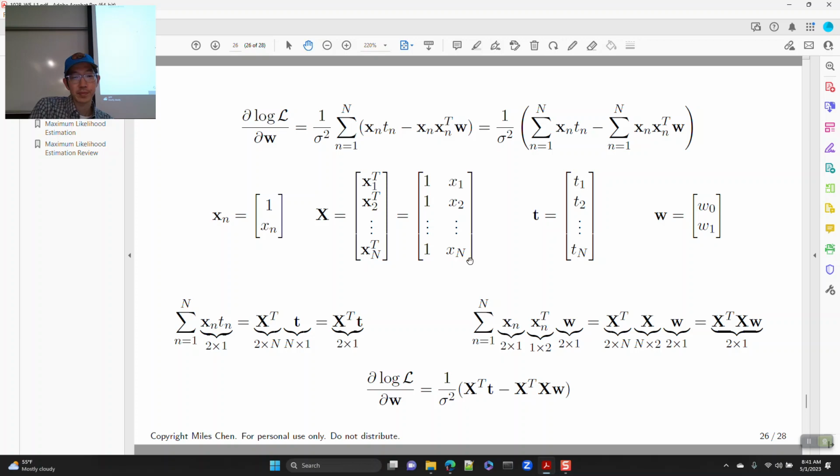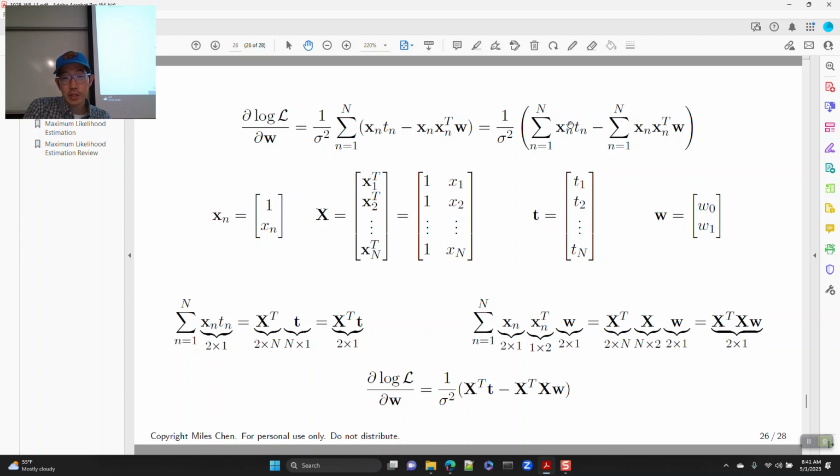Each t sub n is a single value, and when I expand t I get an n by 1 column matrix of t, and then the w itself is a 2 by 1 matrix of the intercept and slope here.